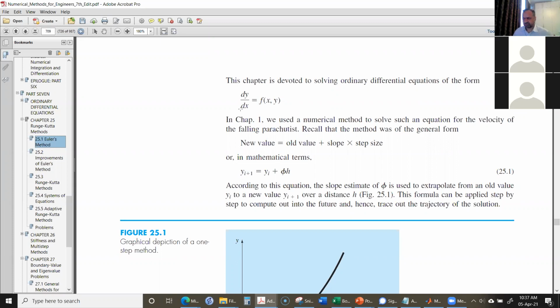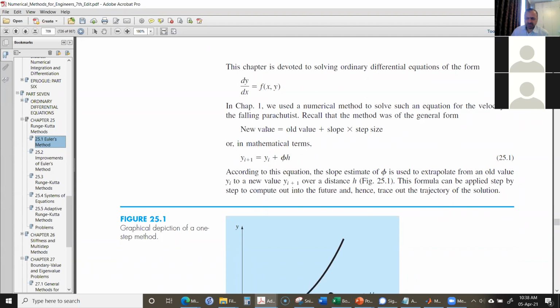Differential equations are those equations which have the derivative term in them. The derivative term is dy over dx, and all the other terms will be a function of the dependent and independent variables. In this case, we see that x is an independent variable, y is a dependent variable.